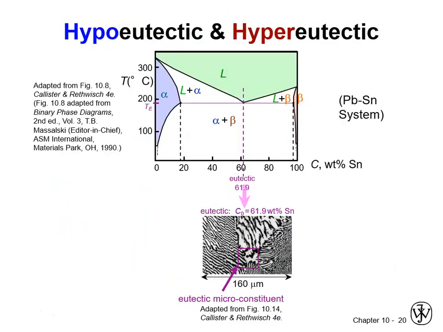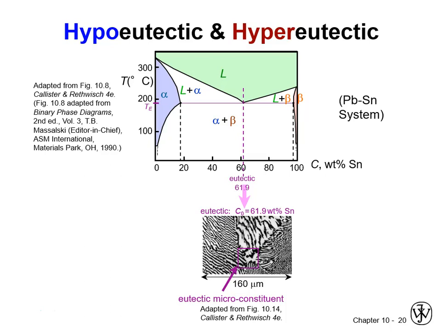Of each phase. Okay, special vocabulary words, hypo- and hypereutectic. If we have a eutectic transformation in a phase diagram, compositions to the left-hand side that are less rich in the component that we're indexing across the diagram are called hypoeutectic, meaning below, and those that are richer in the indexed composition are called hyper.